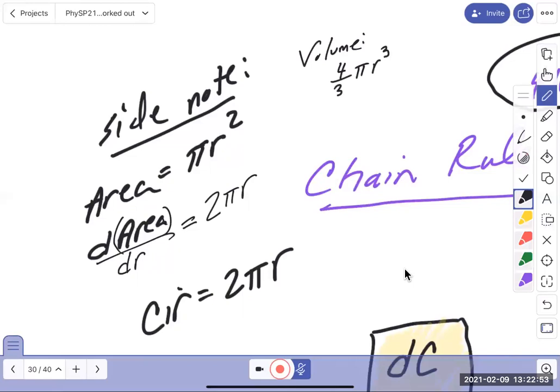But to find the surface area of a basketball, I know the volume of the basketball. The surface area is the derivative of volume with respect to radius. So I do that again, I get 4 pi r squared, which is the formula for the surface area of a sphere. So it just shows where a lot of these formulas come from. They come from calculus. Those are all side notes.